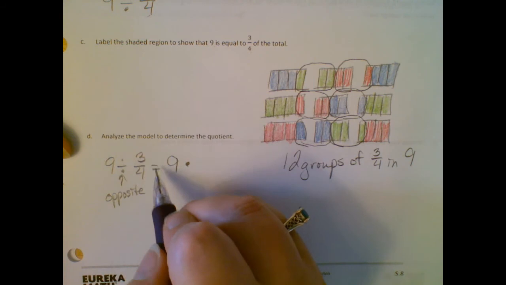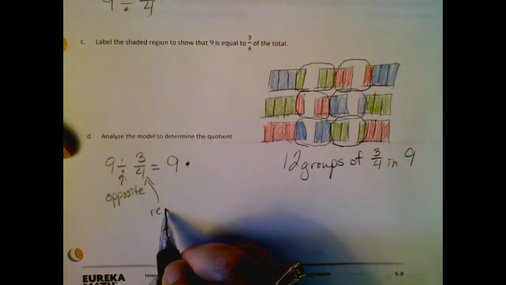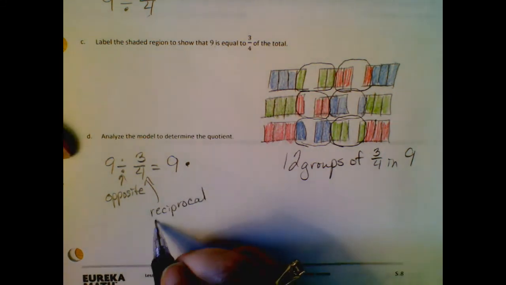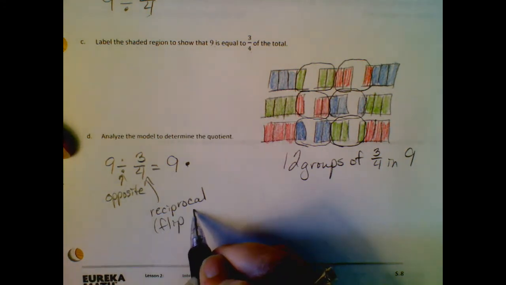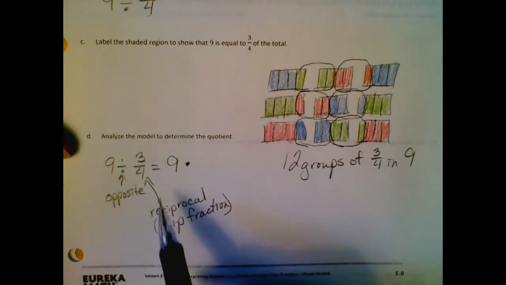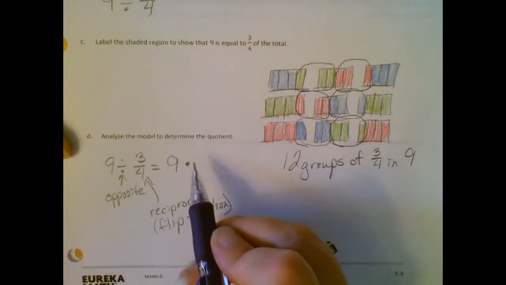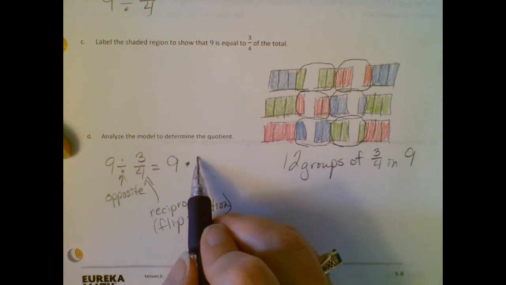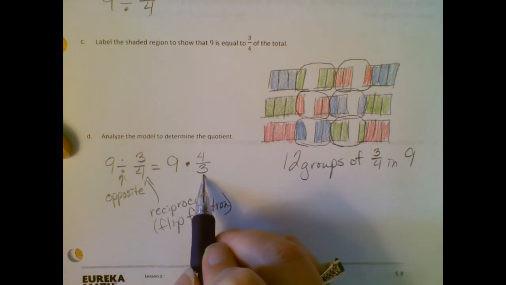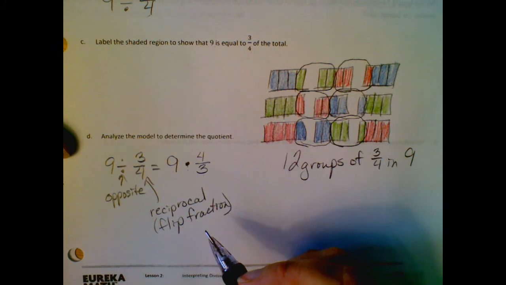And then this 3/4 is called a reciprocal. That's when you flip the fraction. Okay, and it's an opposite of a sort as well because it has now been flipped. So instead of 3/4, it's 4/3.